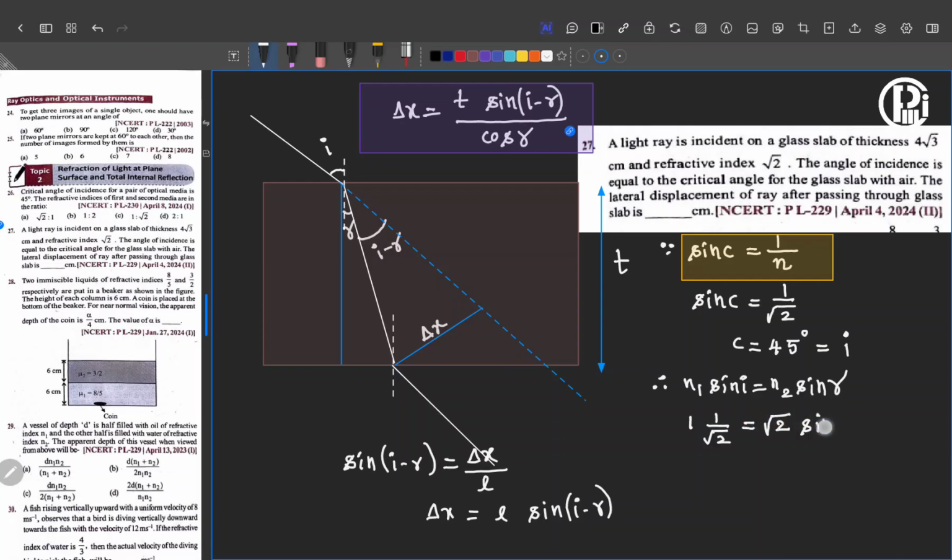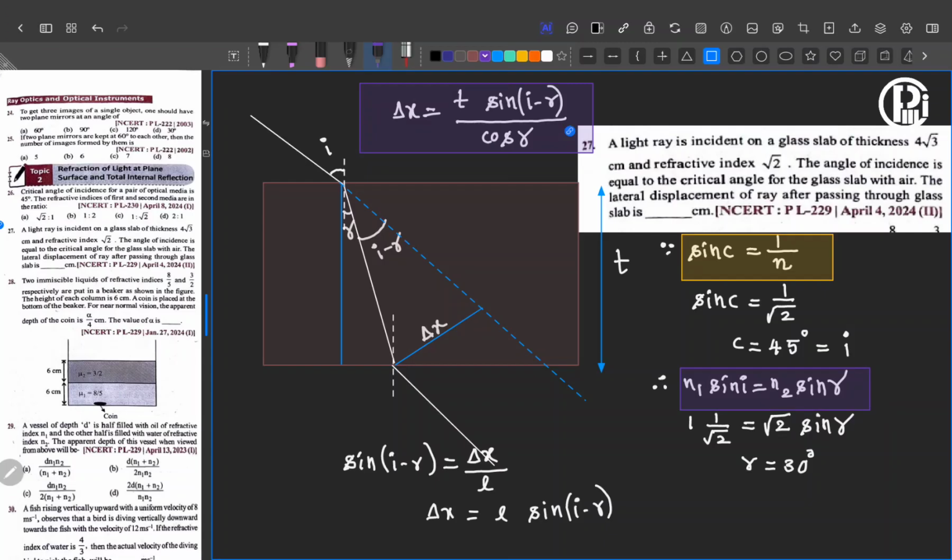We don't know this sin r. You can clearly see here that sin r will be 1 by 2. Therefore r is equal to 30 degrees. So Snell's law is also important here, keep it in mind. So r is equal to 30 degrees.